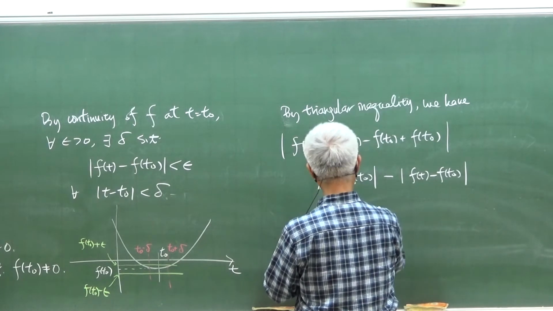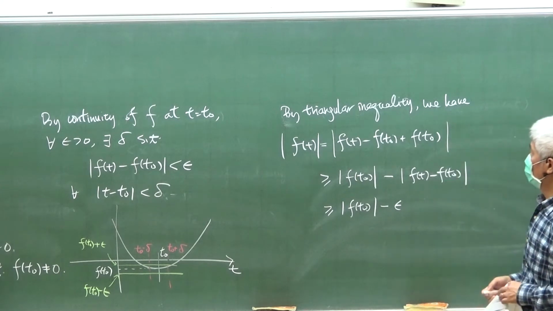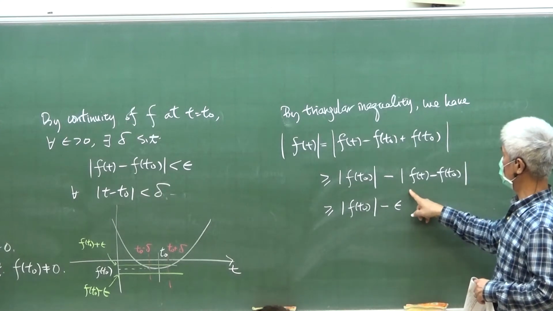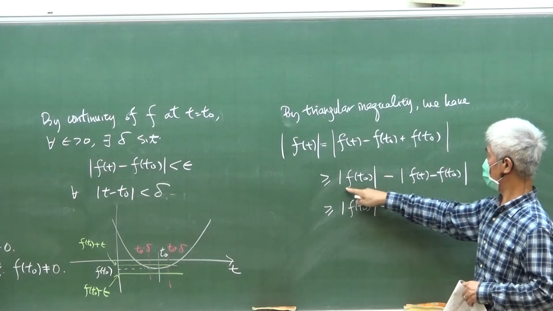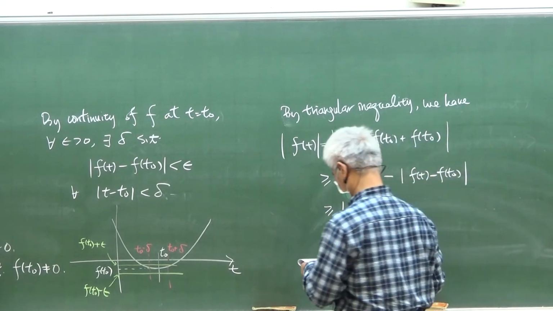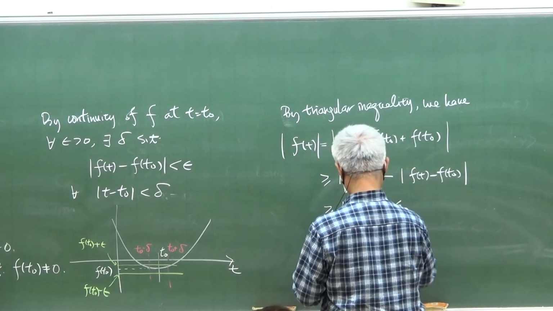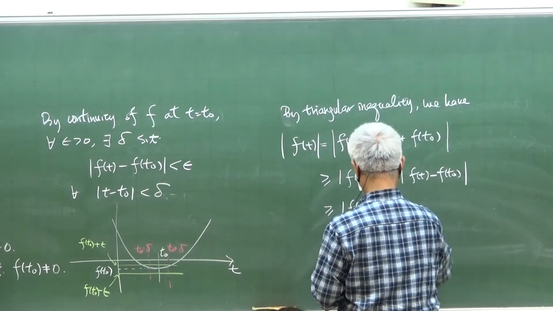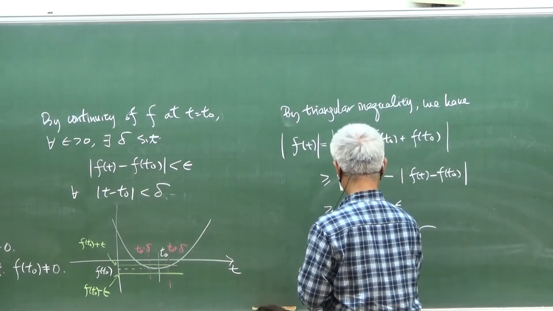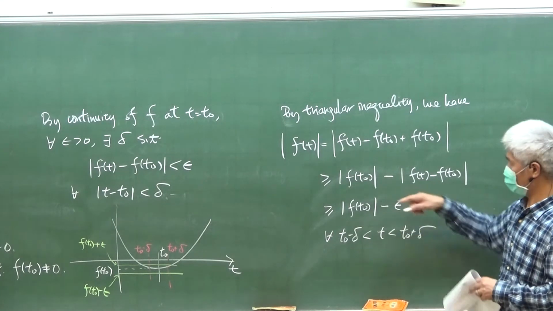Right, and so this is greater than f of t0 minus epsilon, because the difference is less than epsilon, so this difference is a lower bound for all t between t0 minus delta and t0 plus delta. So for all such t, we have that.